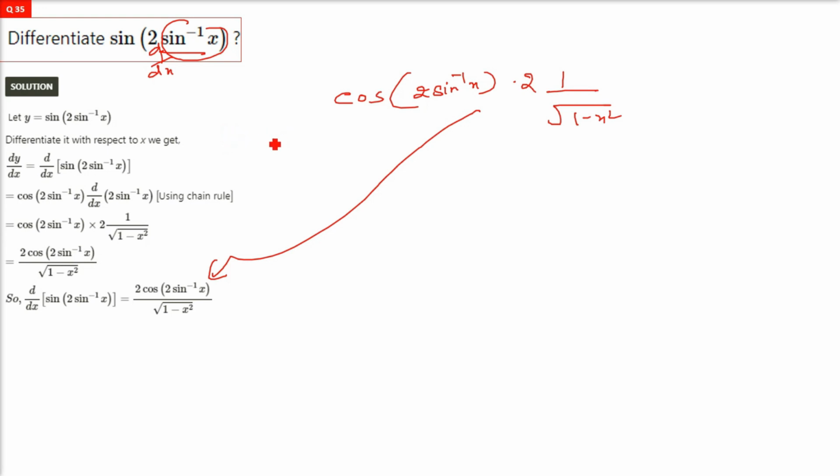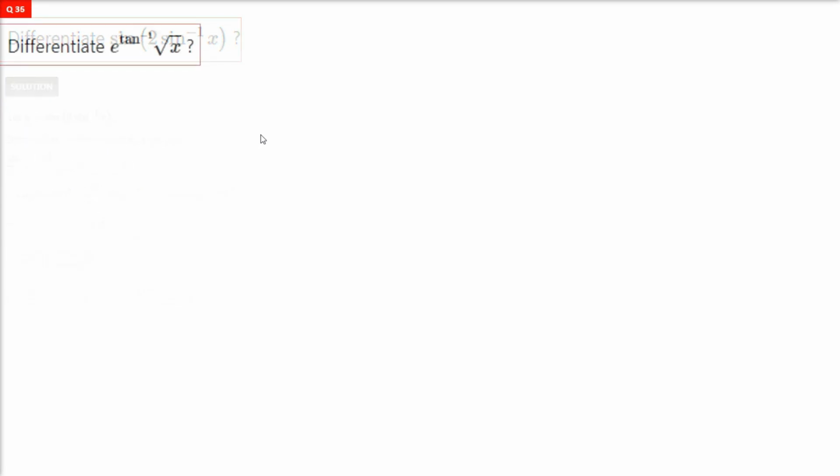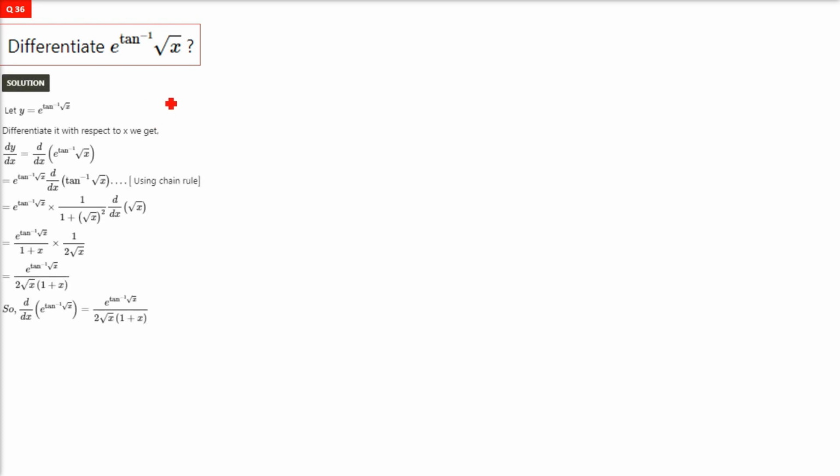So this is all about sine inverse and tan inverse, cos inverse, like that. Now we are encountering tan inverse, and you know about that now. So e raised to the power tan inverse under root x. First, e raised to the power something will be e raised to the power something, so it will be e raised to the power tan inverse under root x. And we have tan inverse under root x.